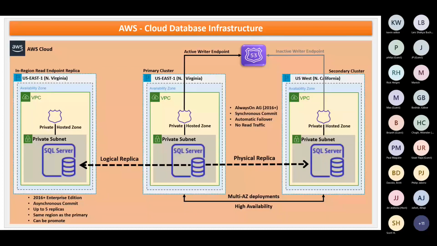And then the downside also, it has to be in the same region as the primary one. But the good thing is you can promote this. So let's go the other way around. Let's say if this is the architecture we had before, business realized that this is too costly for us.